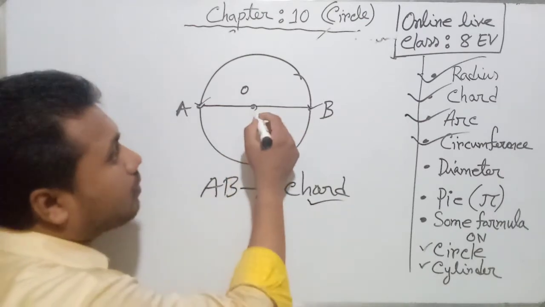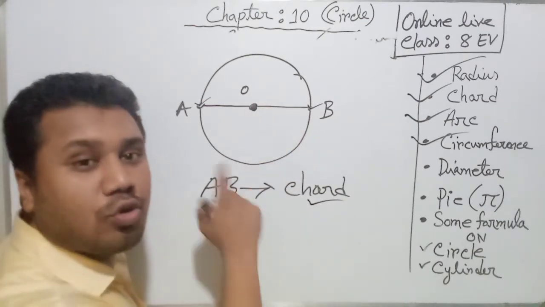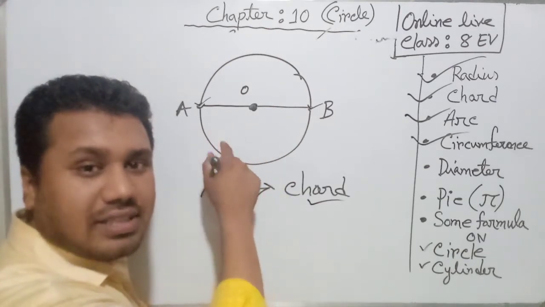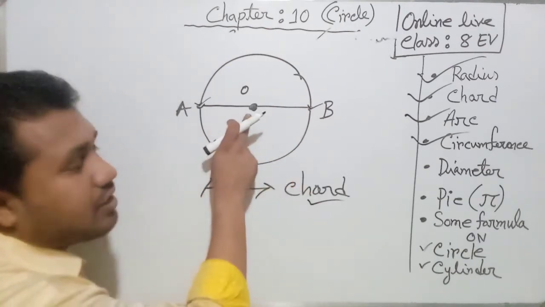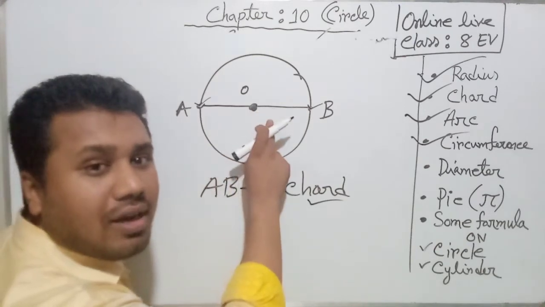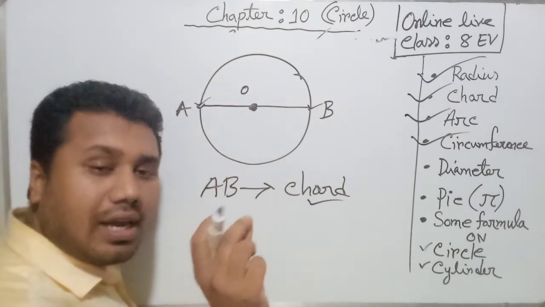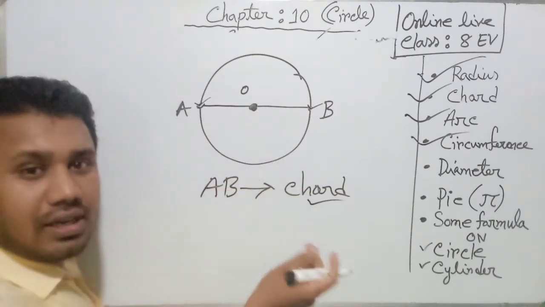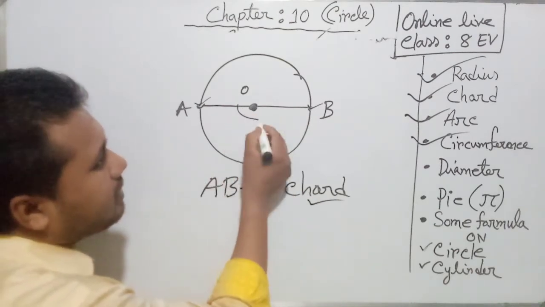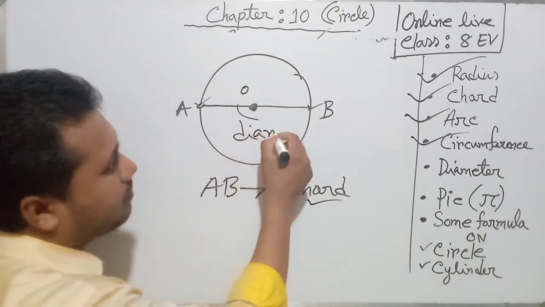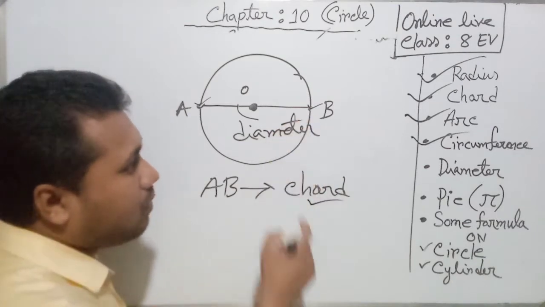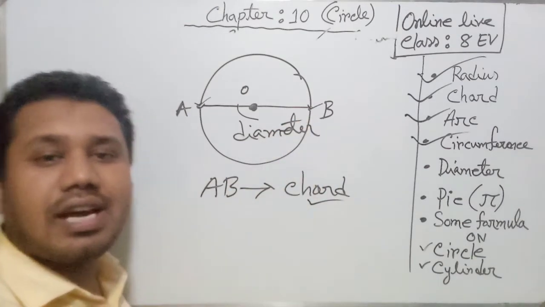But look, this chord is passing through the center. This chord is a specific case. When a chord passes through the center, we can say this is a diameter.